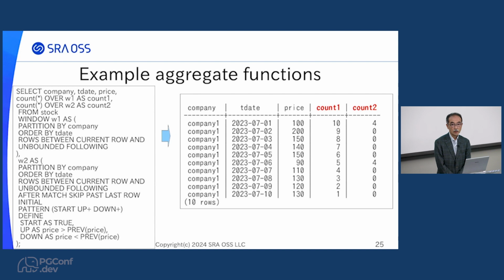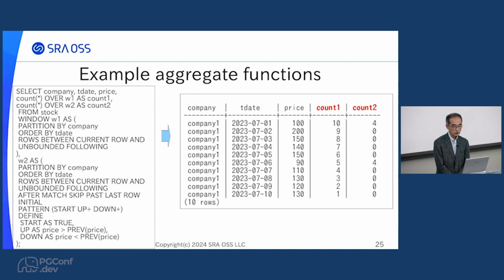On the other hand, count2 returns 4 instead of 10 for the first row, because there are only 4 matching rows in the frame. And we see that from July 2nd to July 4th, count2 returns 0. This means that these rows are skipped because of the after match skip past row clause.